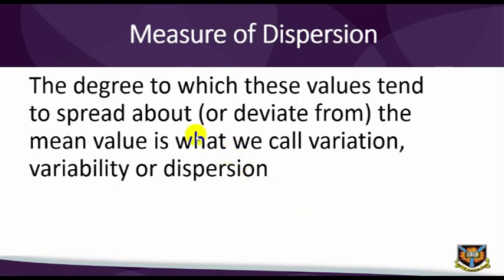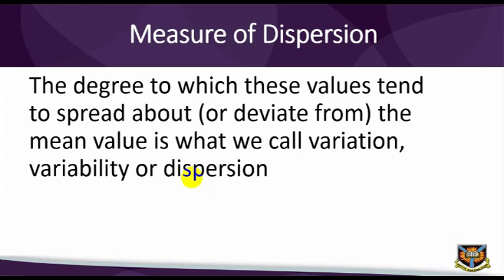The degree to which these values tend to spread about or deviate from the mean value is what we call variation, variability, or dispersion. In this section, we shall examine the following measures of dispersion: the range, the mean deviation, the variance, and the standard deviation.